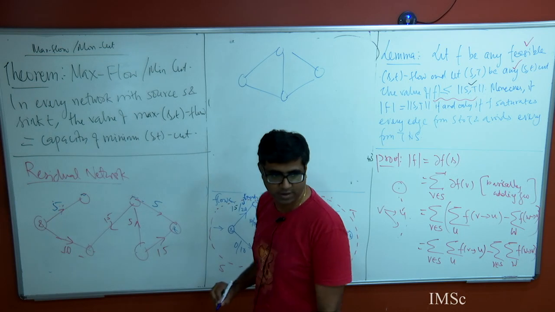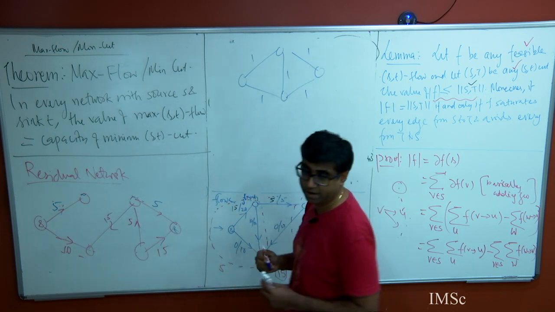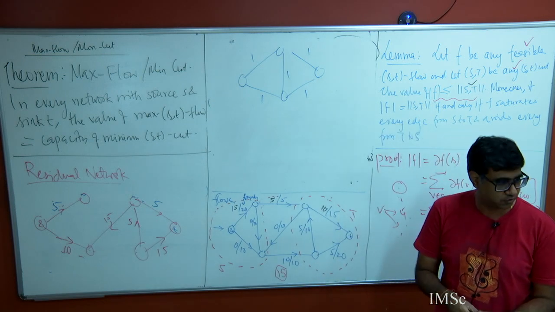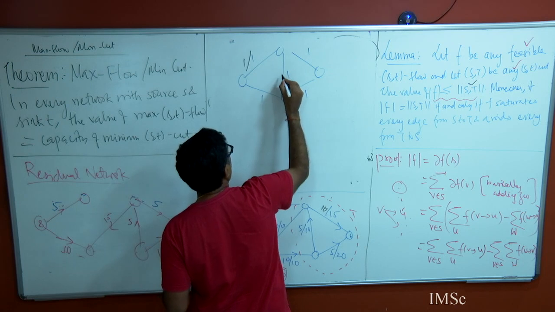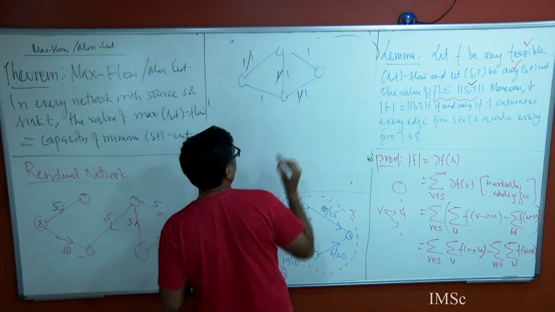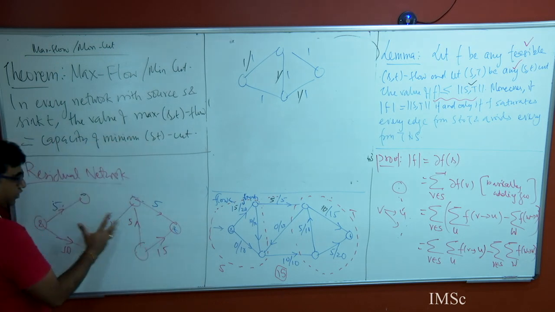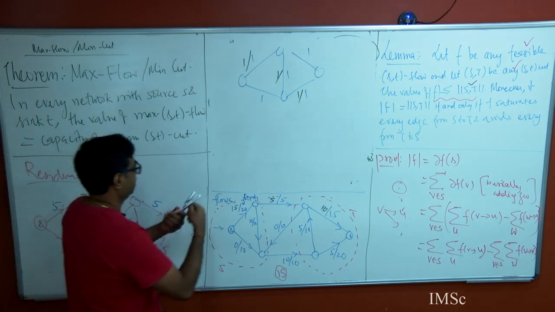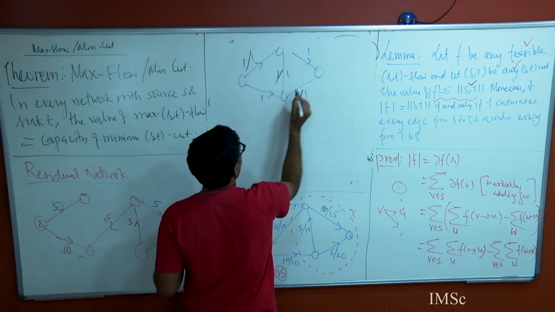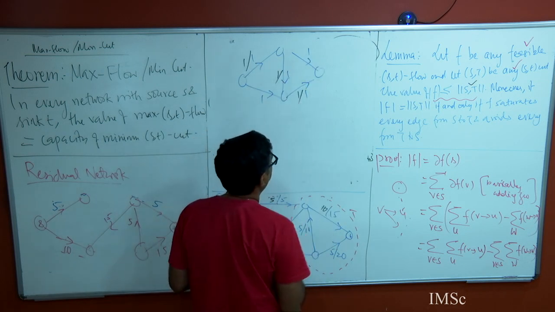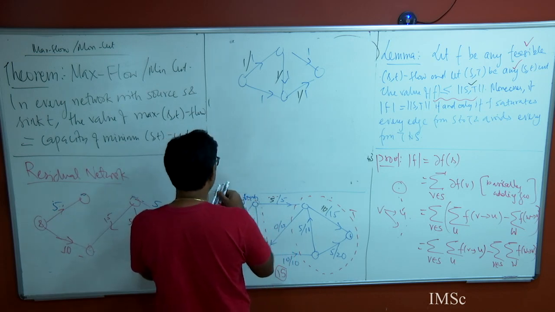This will be a useful example to have anyway. Every edge has capacity 1, so this is my capacity, and suppose this is my current flow. And I define my residual network the way I defined it. What will I get?